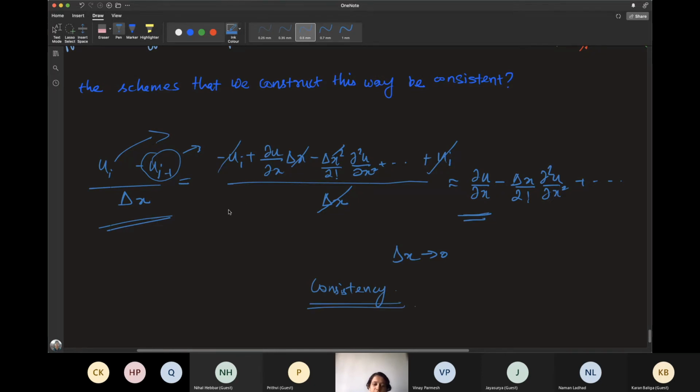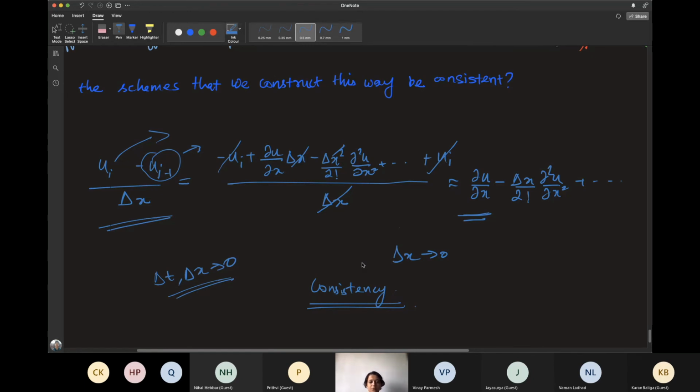For a scheme, you will do it for each and every differential operator, and then you check consistency. If you have both delta t and delta x, both go to 0, and then your difference equation must correspond to your differential equation. That is what we called consistency last time.